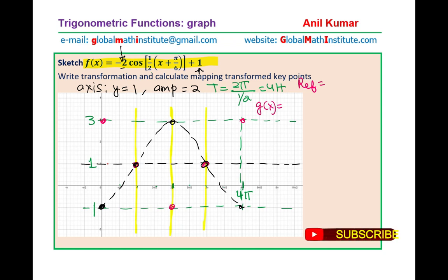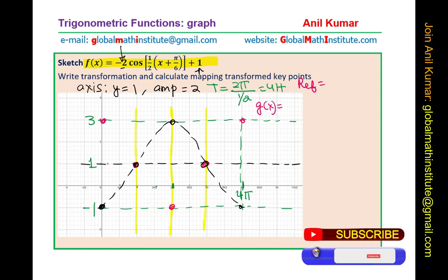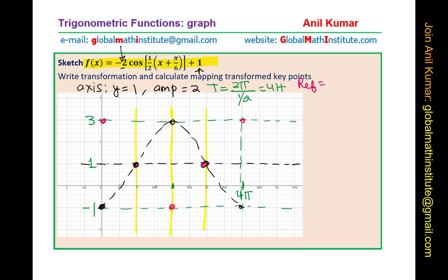Now the last step is a phase shift of pi by 6 to the left. So in a way, as you can see here, with this framework, we have not taken any key points using calculation, but common sense, right?